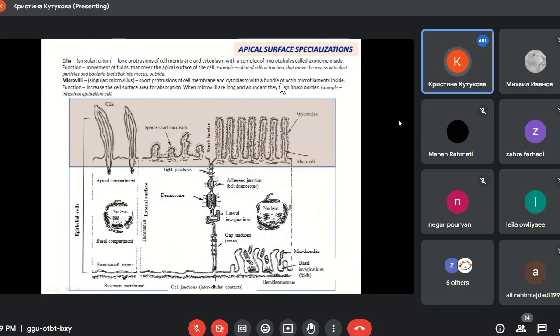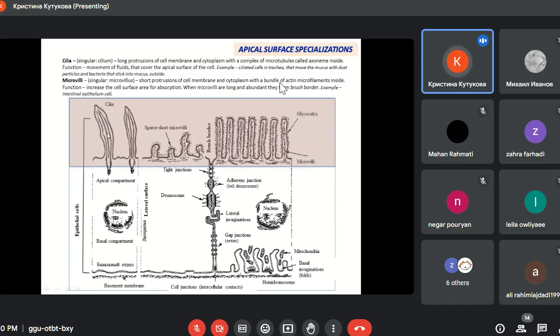So, starting from apical cell surface specialization. Here in this picture you can see parts of two adjacent cells. One is here, second is here, left, and we are looking at their apical surfaces. So here we can see the cilia. Cilia are long protrusions or evaginations of cell membrane and cytoplasm with a complex of microtubules inside them.